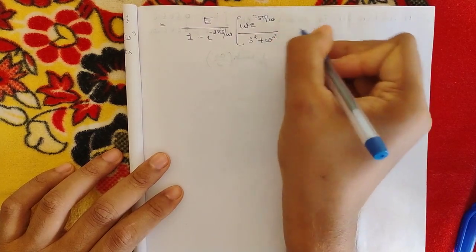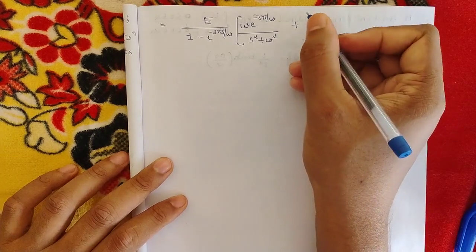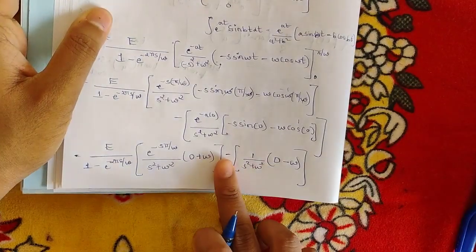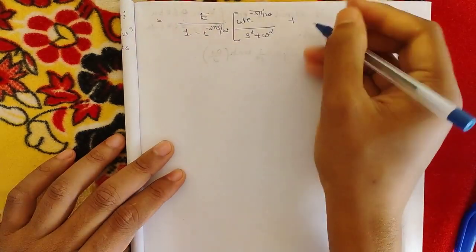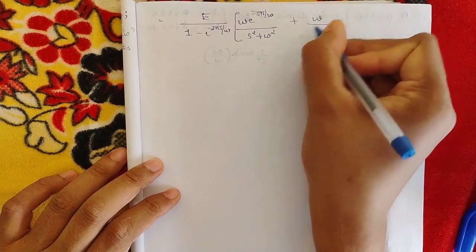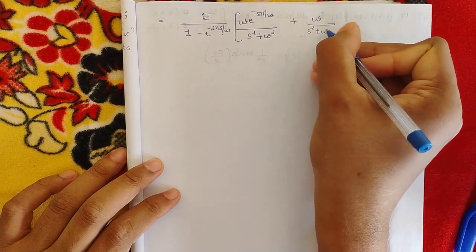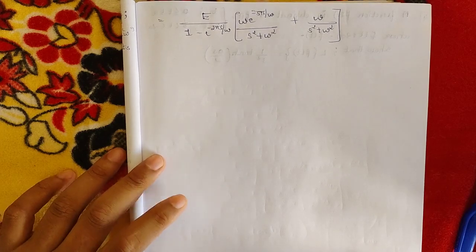See, we had 0 plus omega, right? That is equal to omega plus, since here we had minus here, also 0 minus omega is equal to minus omega, so minus into minus would be plus, right? So that's why I've written plus omega divided by s square plus omega square. Okay.